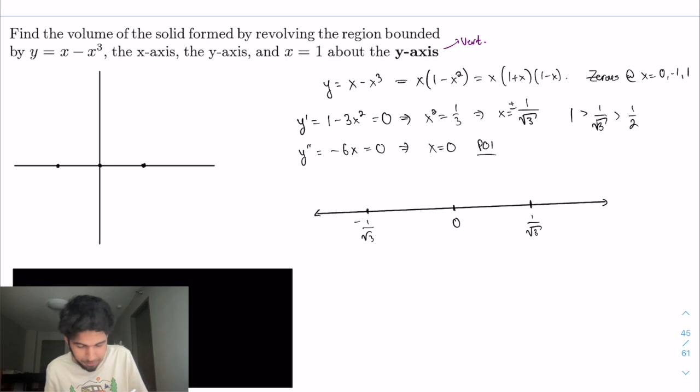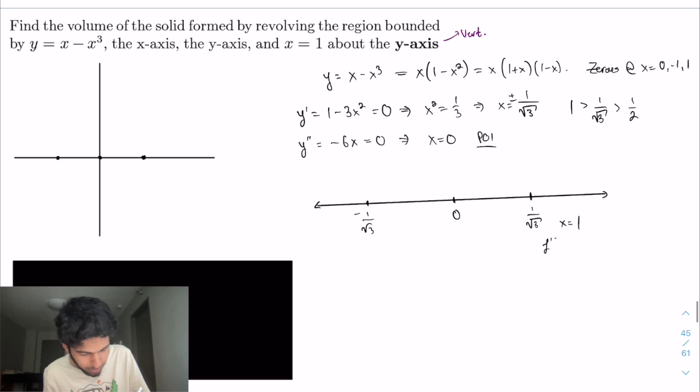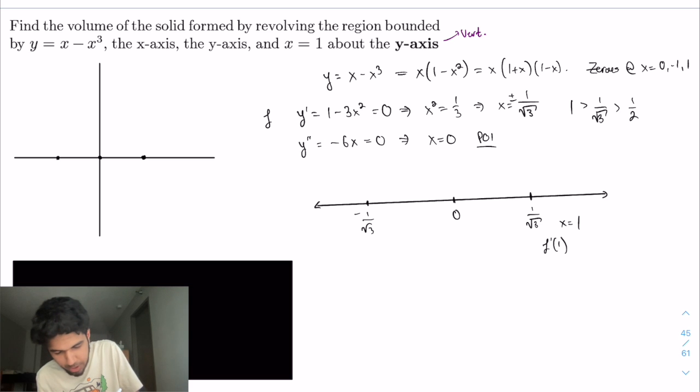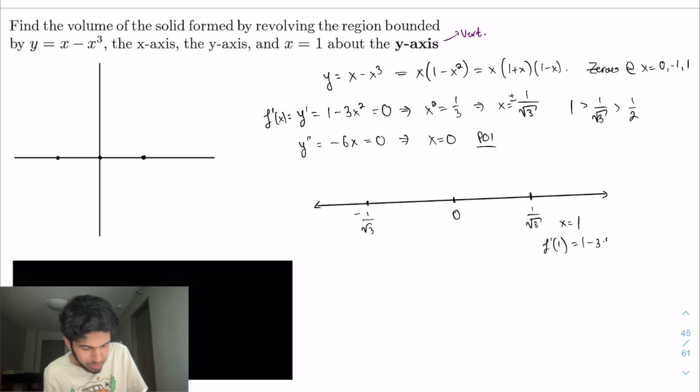So let's test the far right with x equals 1. The first derivative, f prime of 1, is equal to 1 minus 3 times 1 squared, which is equal to negative 2. That's less than 0, so the slope of the tangent line is negative.